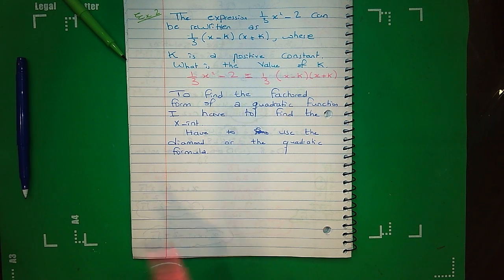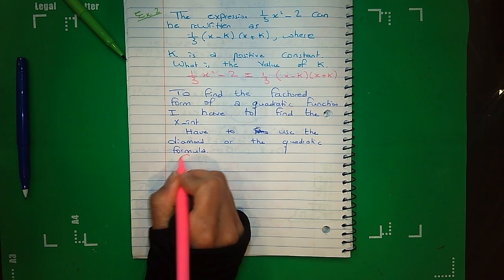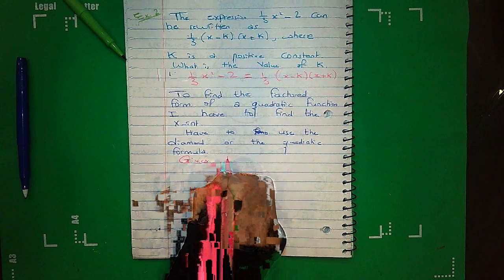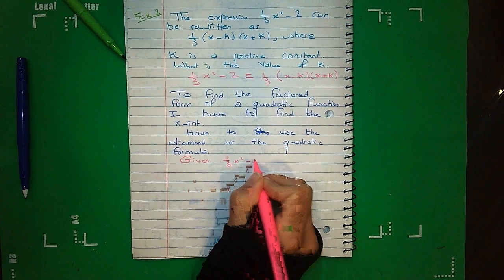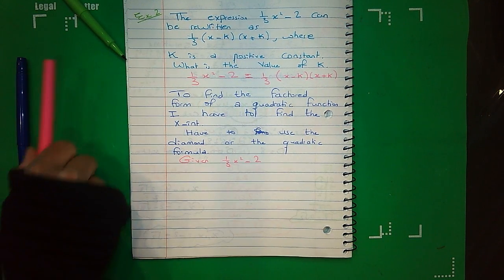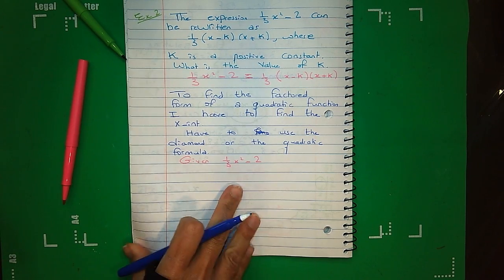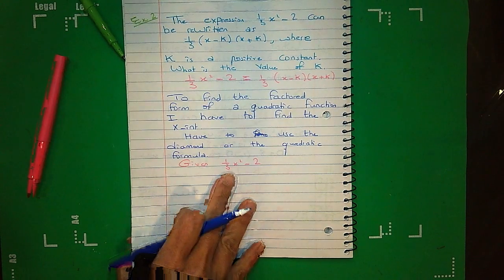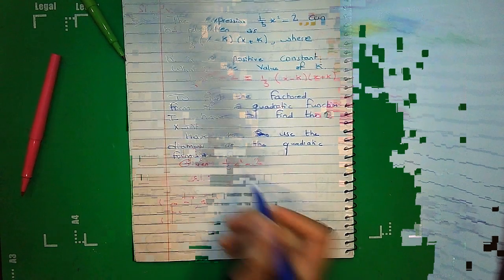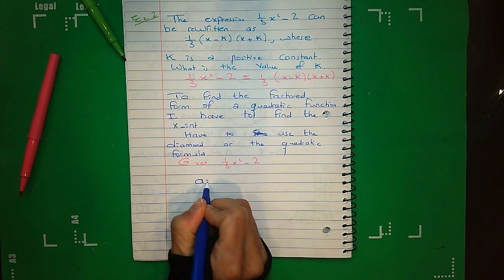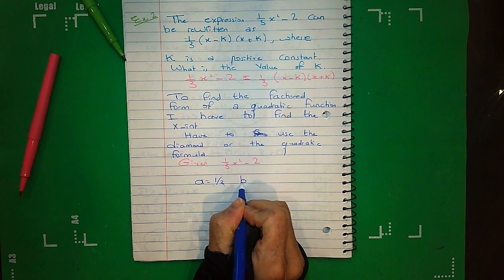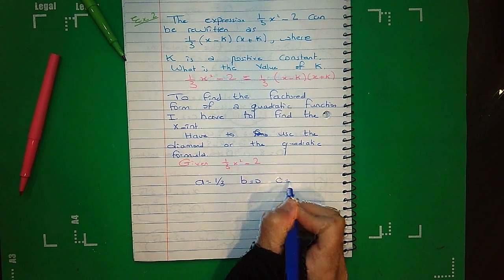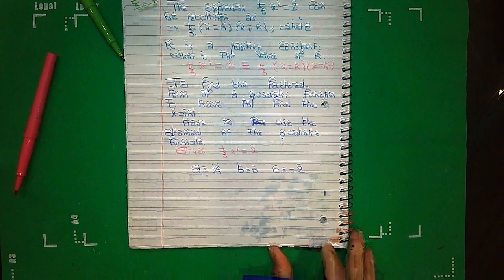But since I'm reviewing the quadratic formula, I'd rather use the quadratic formula. So given 1 over 3 x squared minus 2, again, I'm going to use the steps we've learned. So A is 1/3, B is 0, C is negative 2.